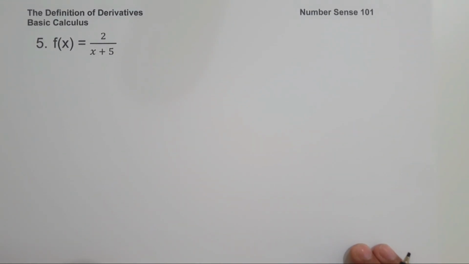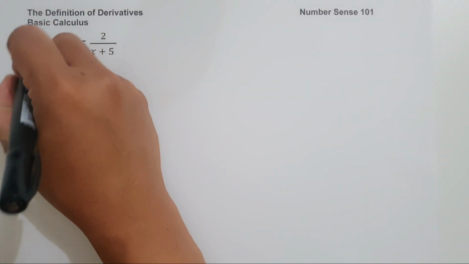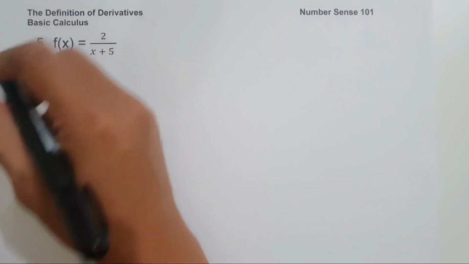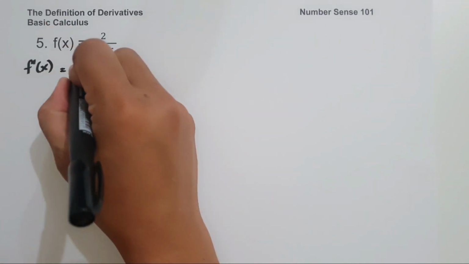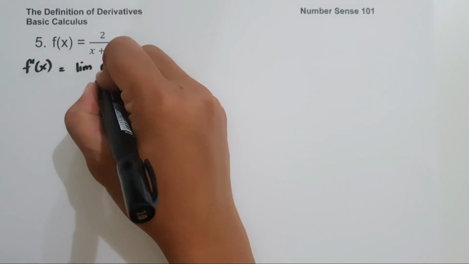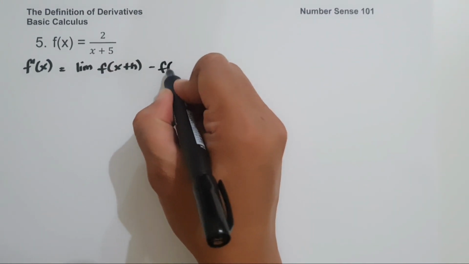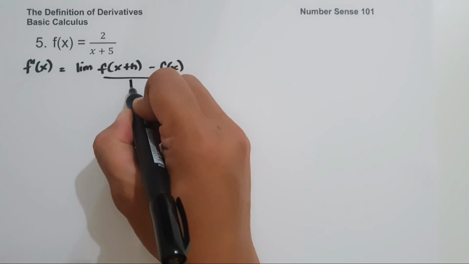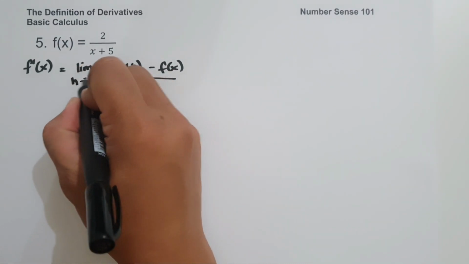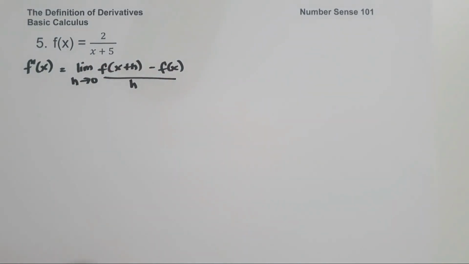On example number 5, f of x equals 2 over x plus 5. So let us find the derivative of the given function using the definition of the derivative, and that is f prime of x is equal to the limit of f of x plus h minus f of x all over h as h approaches 0.